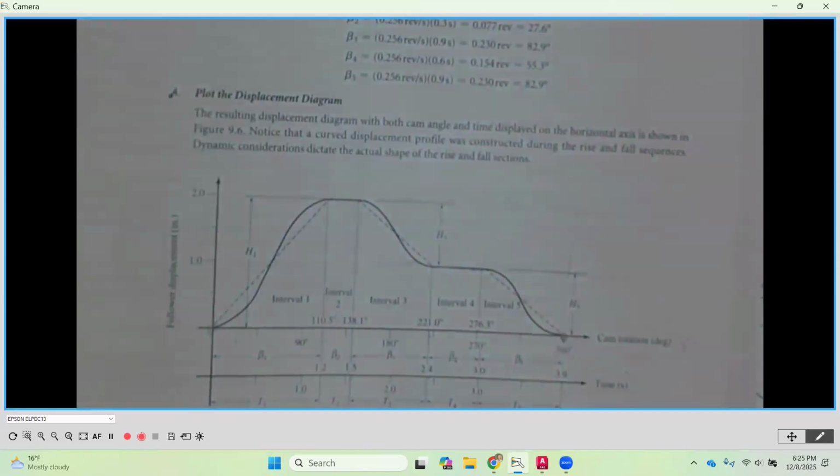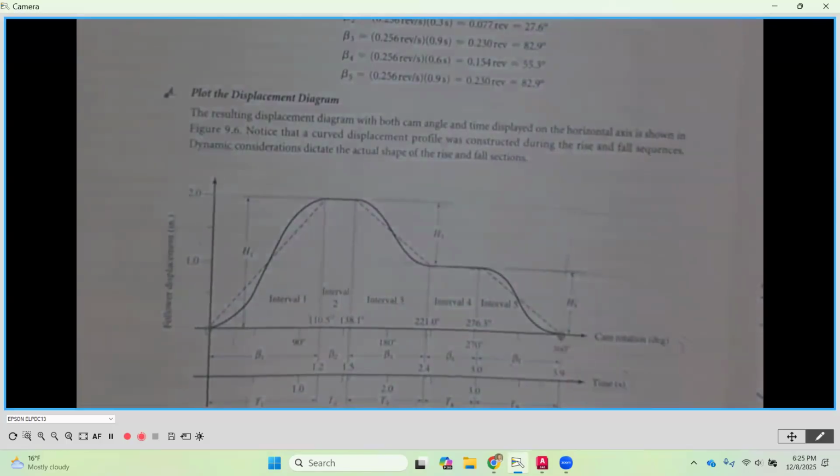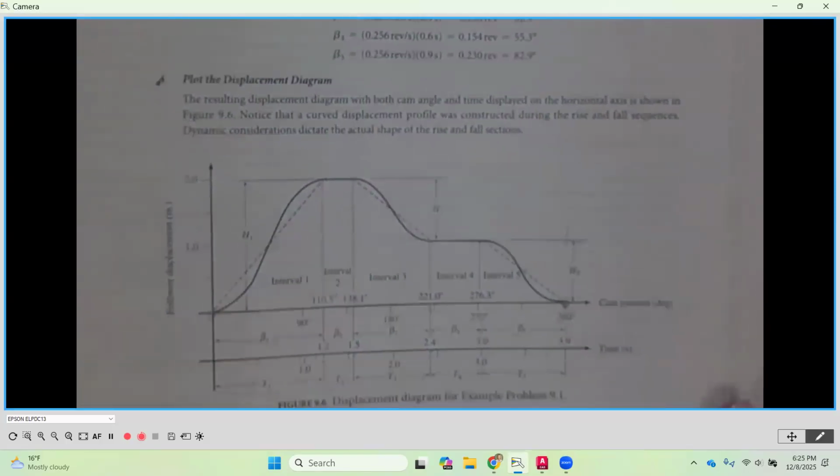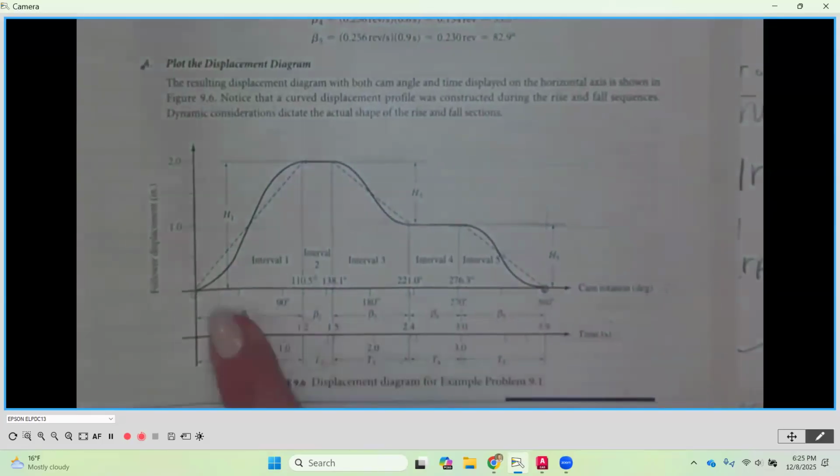A displacement diagram is going to be a graphical representation of the motion of the follower. Okay, the motion of the follower. So if we look at this, you're going to notice that it has a y-axis, a vertical axis, and a horizontal axis. The vertical axis is the follower displacement.